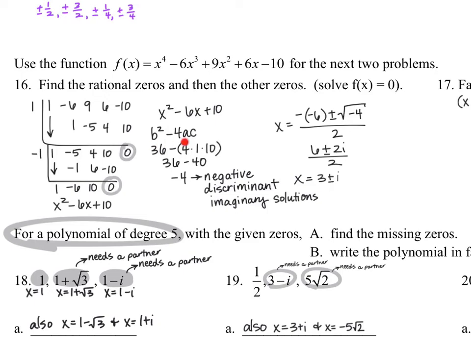Now, I did the discriminant first, and I found that I had a negative discriminant, which means that I was going to have imaginary solutions. So I went ahead and built the rest of the quadratic formula around my discriminant of negative 4, and then I simplified and I got my imaginary solutions of 3 plus i and 3 minus i.